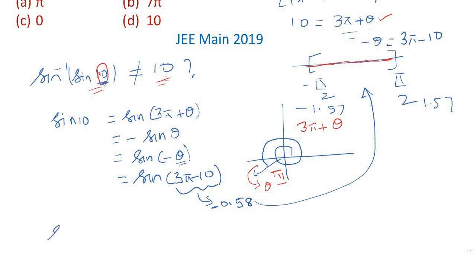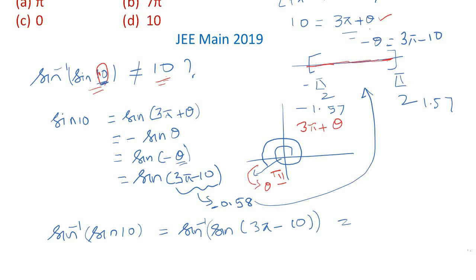Therefore, we can say sine inverse of sine 10 is equal to sine inverse of sine of 3 pi minus 10.